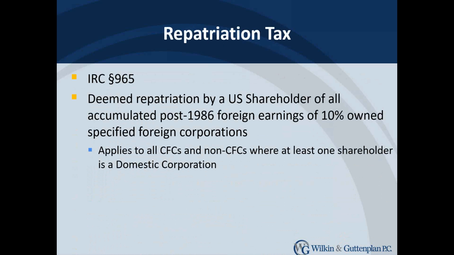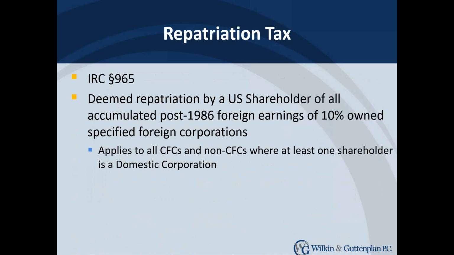Let me put that into perspective with a quick example. Assume that you have a foreign corporation where an individual has invested about 15% of the stock by vote or value. We don't really know who the rest of the shareholders are, and we've been picking up the dividend income as it's been distributed to us. Now this law comes into place, and we have to look through to all the shareholders to see whether any of the other shareholders in that foreign corporation is a domestic corporation.